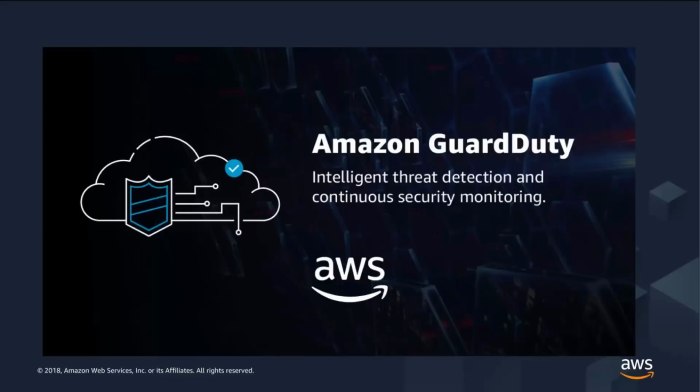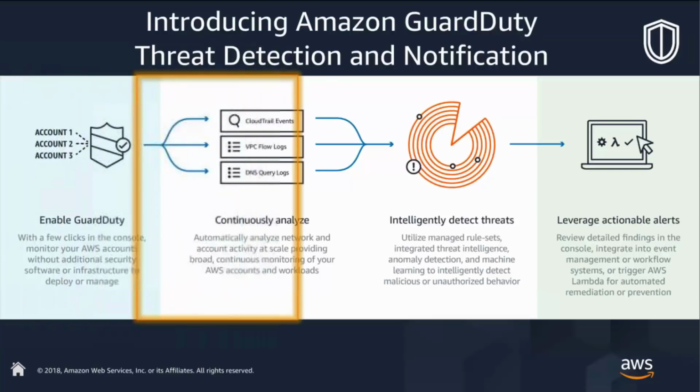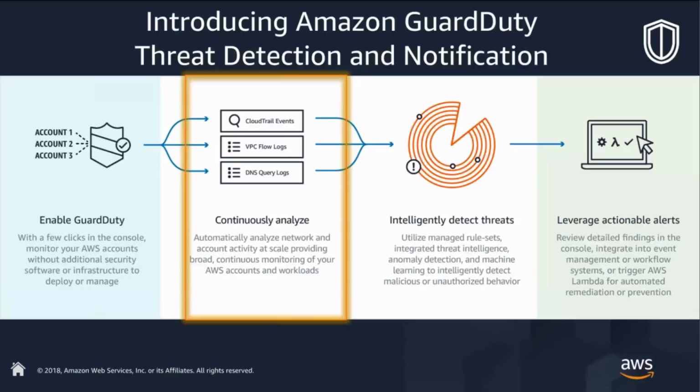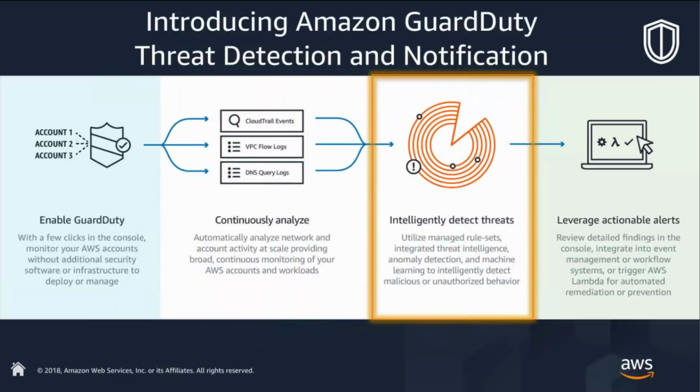Another service that we'll dive into today is Amazon GuardDuty. This is an intelligent threat detection service. With Amazon GuardDuty, you can enable the service in one or multiple accounts. As soon as you enable it, it's going to continuously analyze behaviors inside of those accounts and start applying intelligent detection, including some AI/ML techniques.